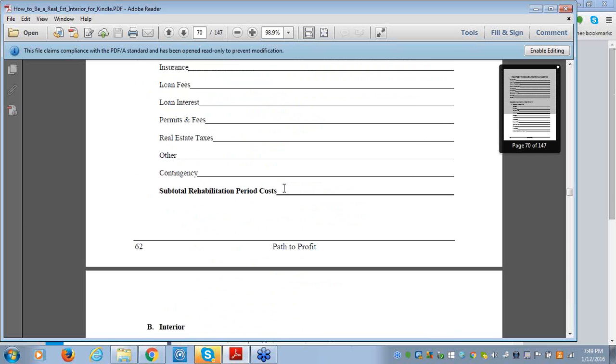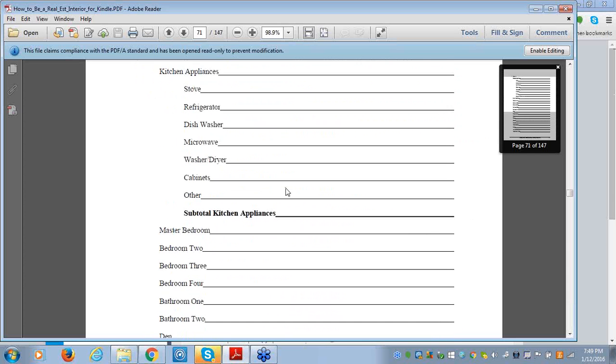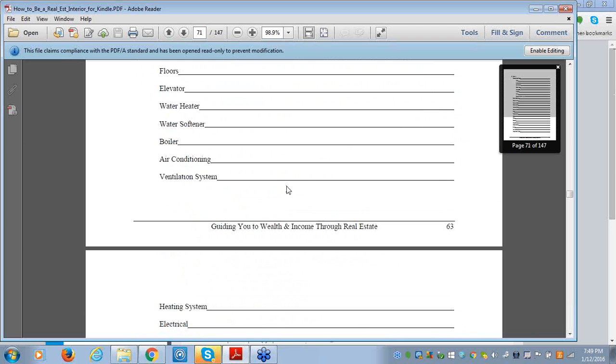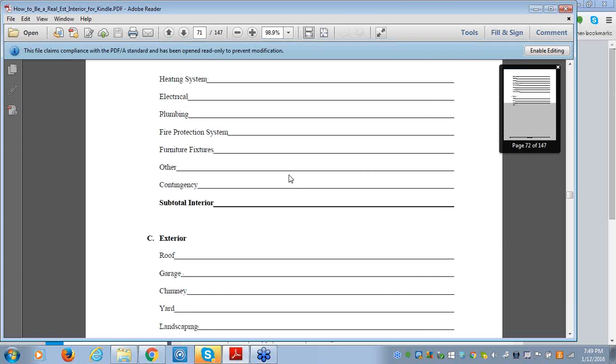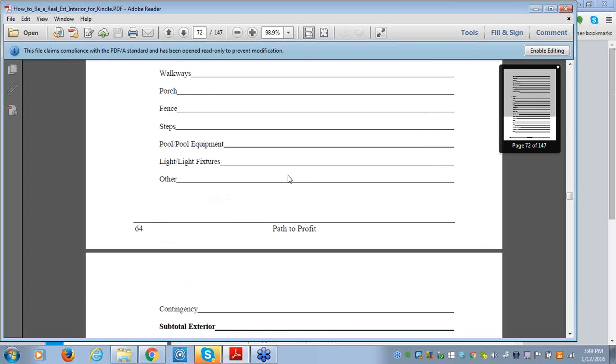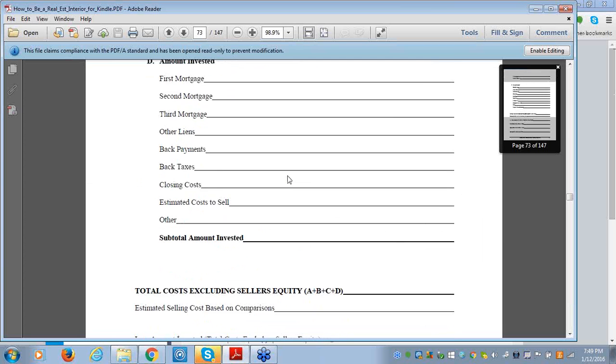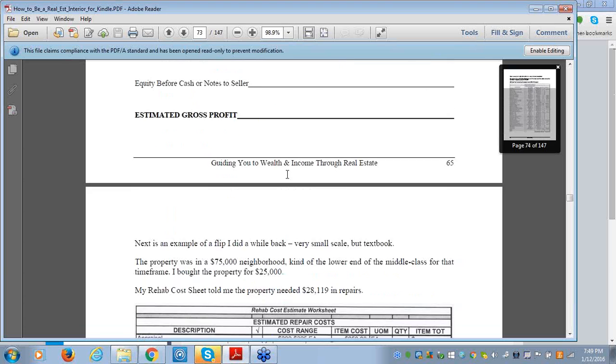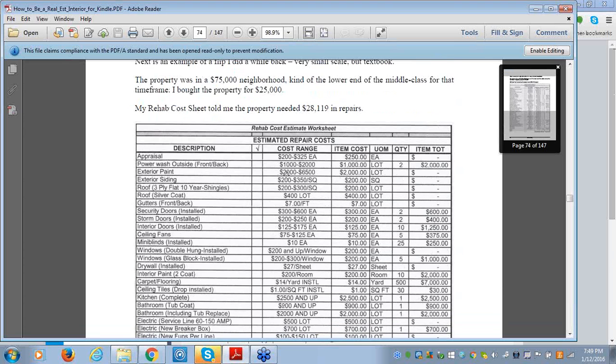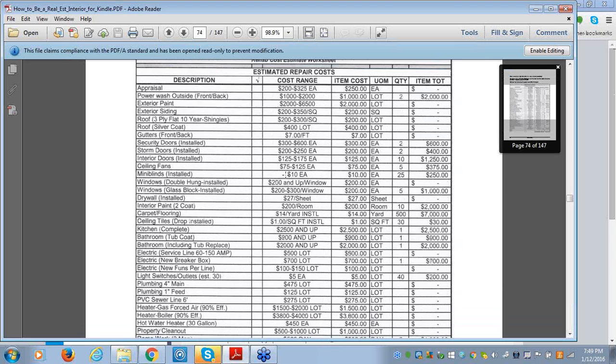They're going to have to go back to their notes and figure out what it costs for a water tank, what it costs for a furnace, what have you. But remember, they fill out these forms, not you. You just give them the forms and the inventory, and you consult with them, guide them, and advise them through the process of analyzing these properties.